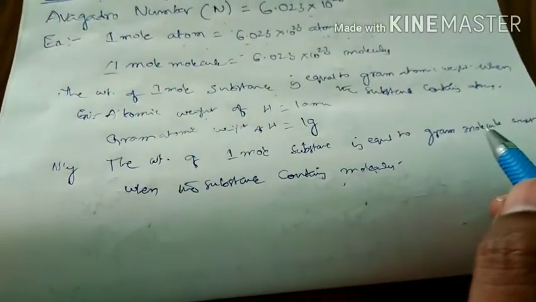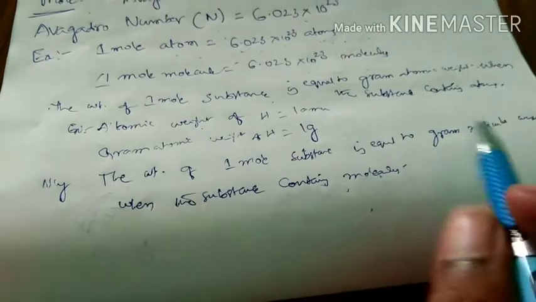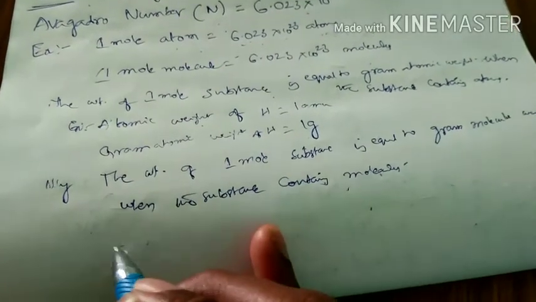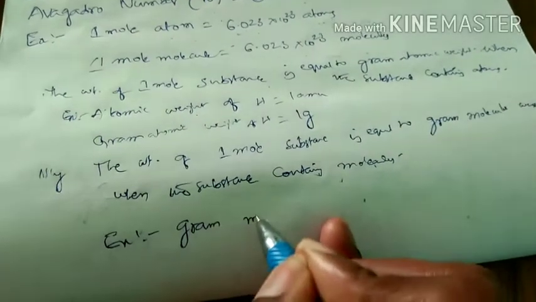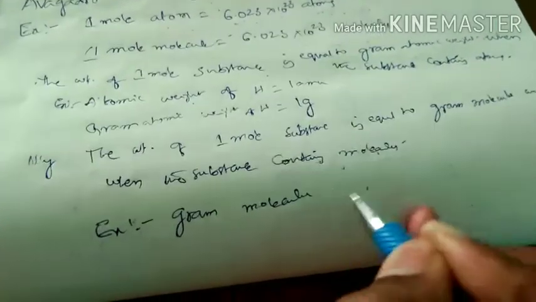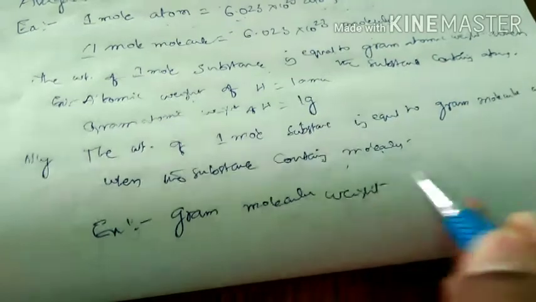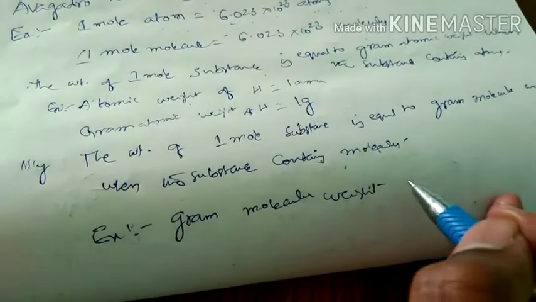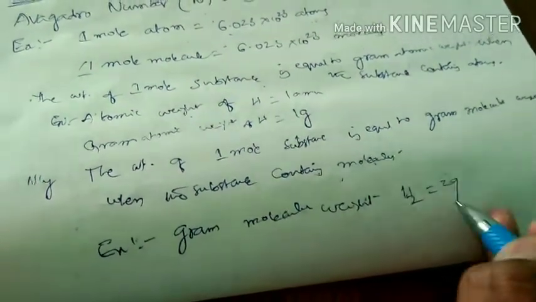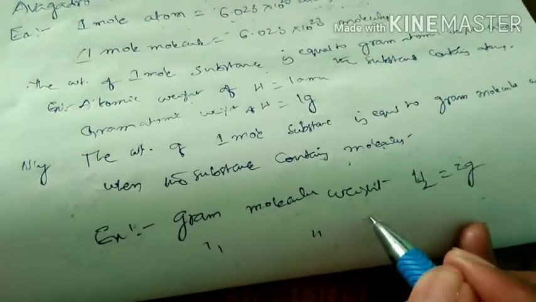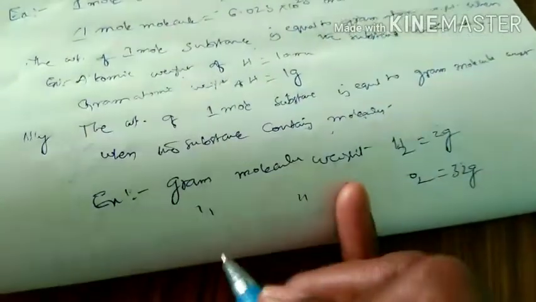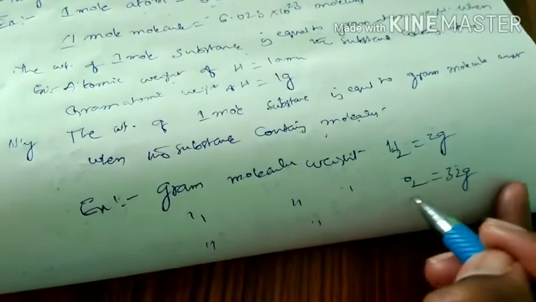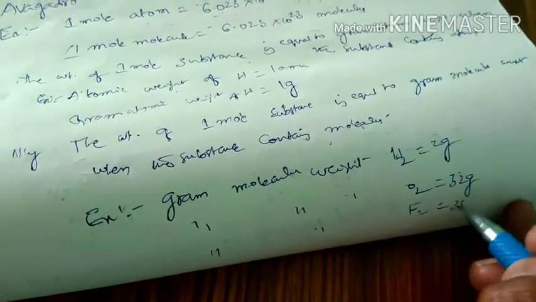What is gram molecular weight? If molecular weight is expressed in grams, that is called gram molecular weight. For example, gram molecular weight of hydrogen, how much? 2 grams. Gram molecular weight of oxygen, how much? 32 grams. Gram molecular weight of fluorine, how much? 38 grams.